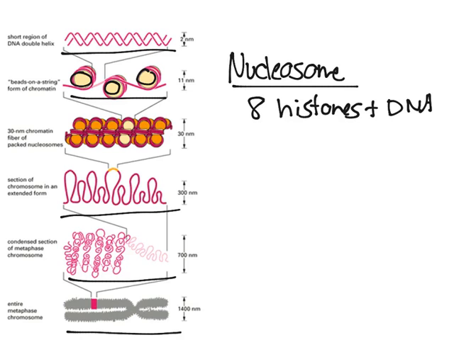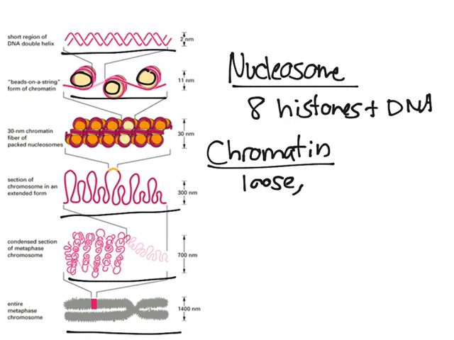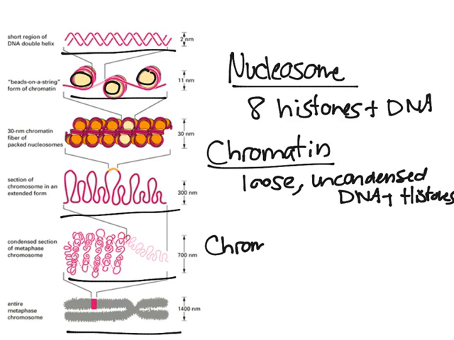And so you might ask, what's the difference between chromatin and chromosomes? So chromatin is essentially loose, uncondensed DNA plus histones. And chromosomes are condensed.